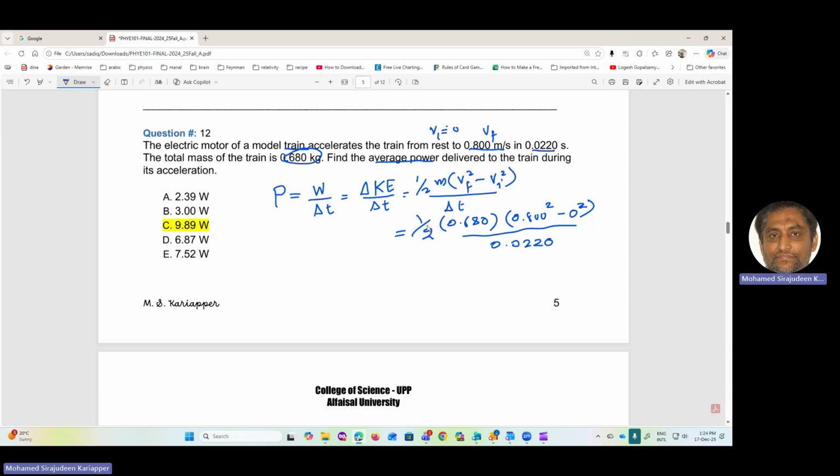So this gives the net work, and it's equal to the change in the kinetic energy divided by the time taken will give us the average power. If you do the calculation, just make sure you are getting this as 9.89 watt.